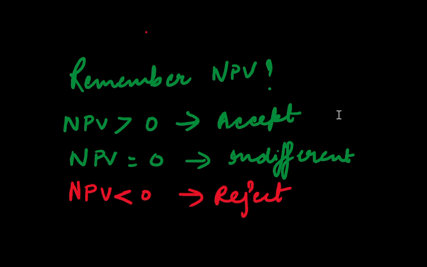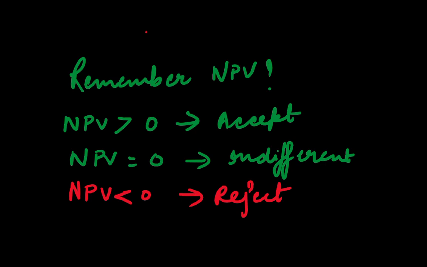If NPV is negative, we reject the project because it is not providing the value we were expecting. If NPV is zero, then it is indifferent because the project is neither creating the value nor destroying the value.